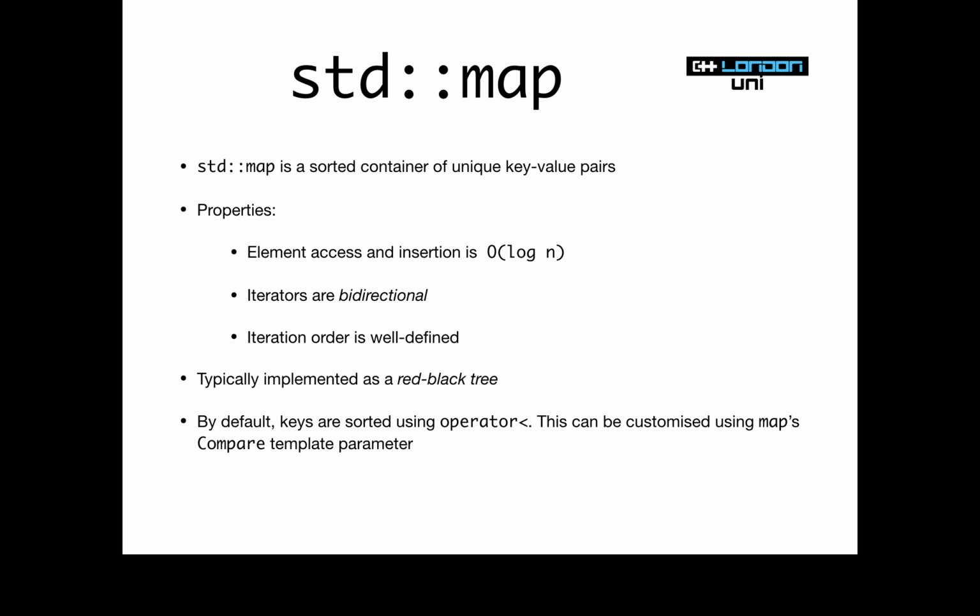Once you've added a key value pair to your map, you can change the value. That's fine. You can't change the key because if you did that, you would change the sorting order, right? So what you have to do is remove that element and then add a new element with the new key, just to maintain that sorted order.